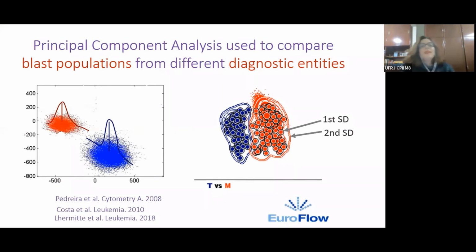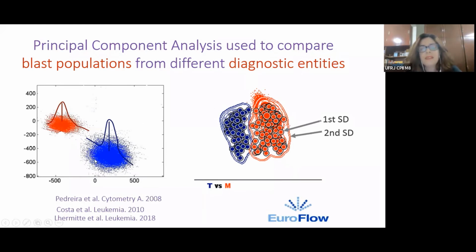Next, we can put together files from different patients with the blasts identified. So we can have the probability distribution of each population with the median probability and the whole distribution.